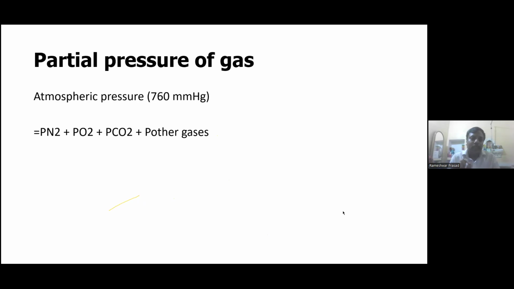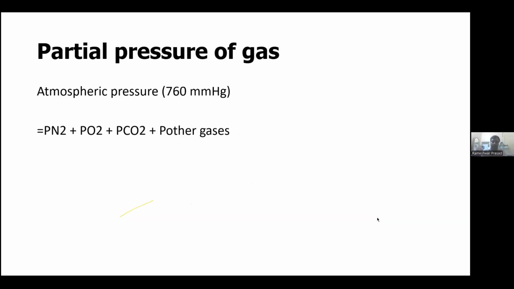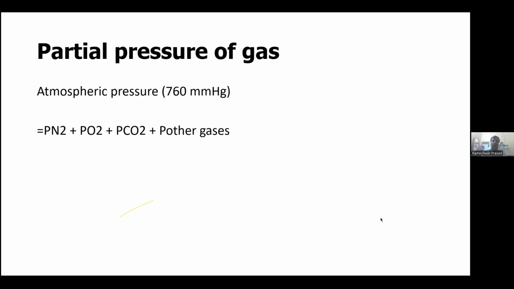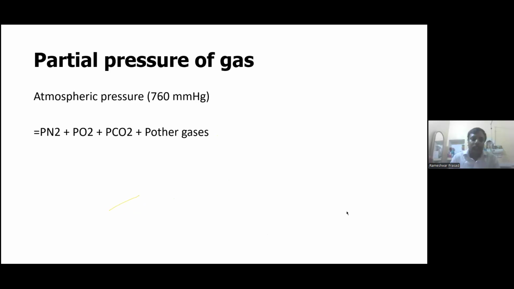The principle is that each gas will exert its own pressure individually. So nitrogen will exert its own pressure, oxygen will exert its own pressure. Carbon dioxide is in very minute amount in air, so we can say that it exerts almost negligible pressure. Now, air contains 21% oxygen, FiO2.